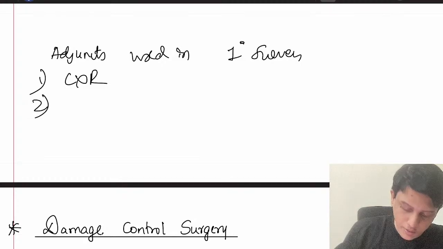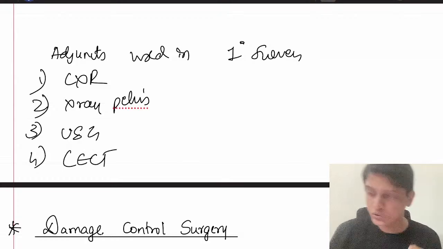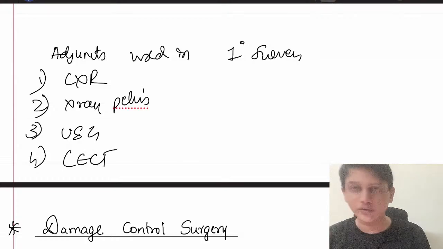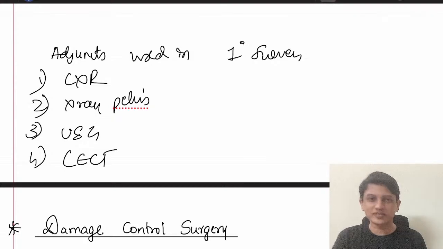Second option was X-ray pelvis. Third option was USG. Fourth option was CECT. Now tell me the answer. If you answer correctly, you can go take a break. If not, no break.